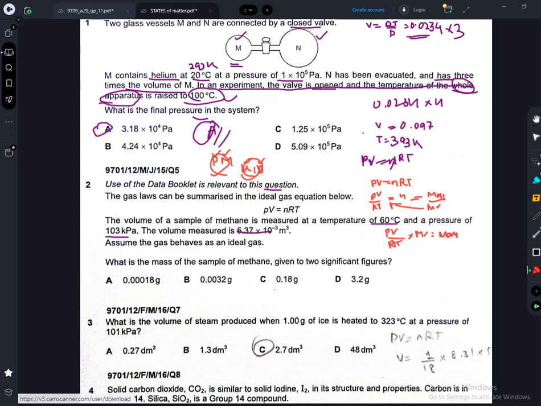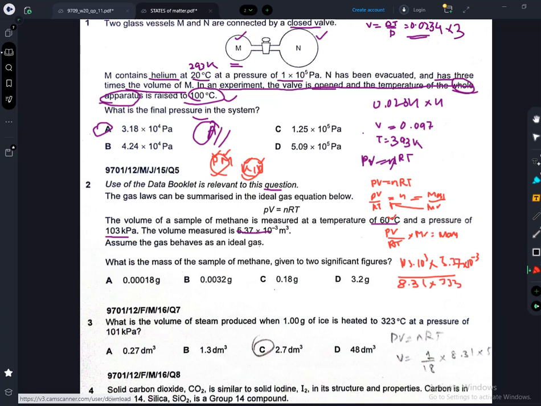I'm going to write this as 103 times 10 raised to power 3 pascal. Multiplied by the volume, which is 5.37 times 10 raised to power minus 3, divided by 8.31. And what is the temperature? It is 60, which means 273 plus 60, because you always take kelvins. This is 333.